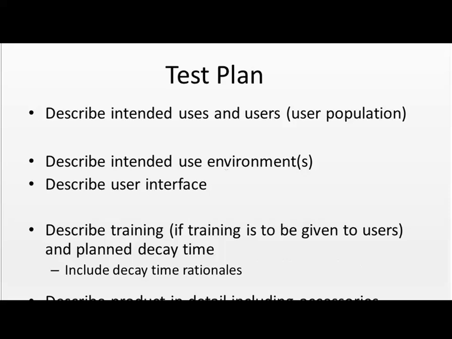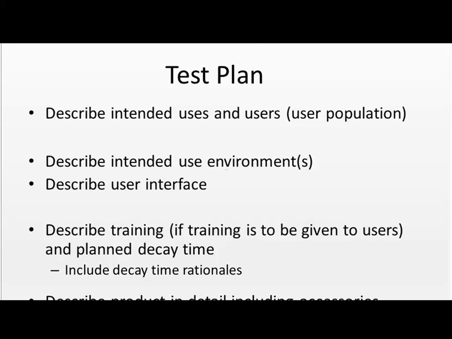Now, as with everything else, we start off with a test plan. We describe the intended uses of the device and the users. These are the user populations, distinct user populations. We described the intended use environments: home environment, clinical environment, emergency room.